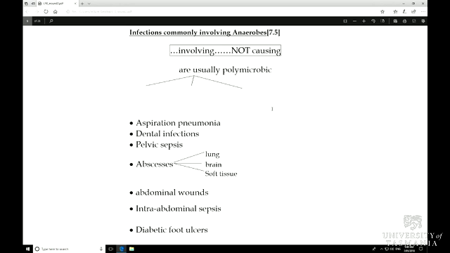Any kind of abscess. What's an abscess? An abscess is an internal, walled-off collection of pus. They can occur for the weirdest reasons, often around your liver, in the abdomen, in the lung, in the brain. An abscess is almost guaranteed to contain an anaerobe.